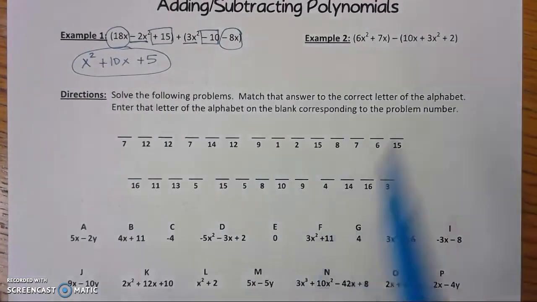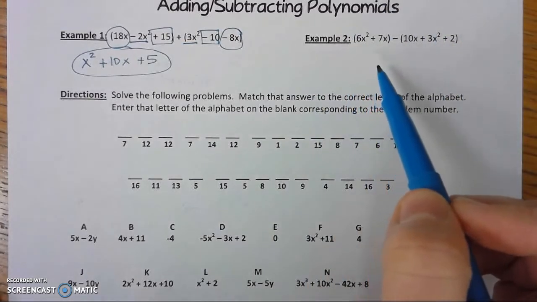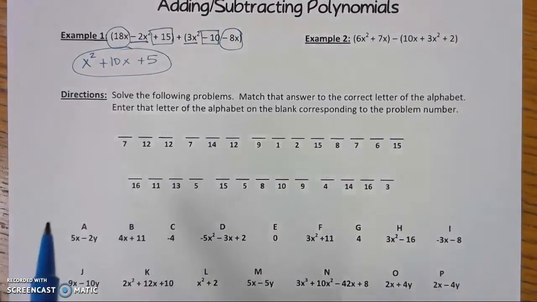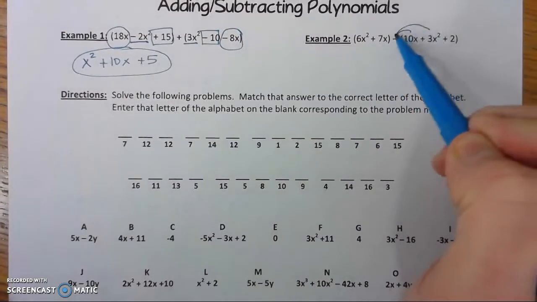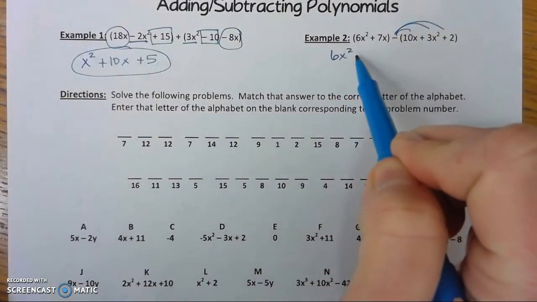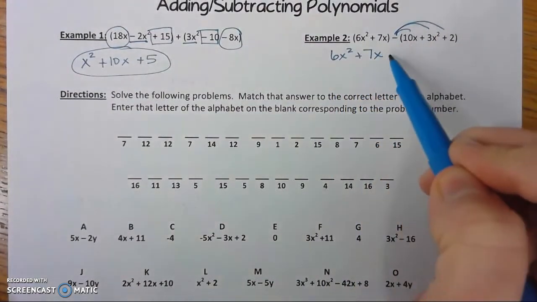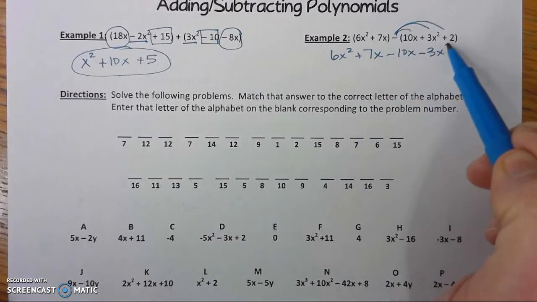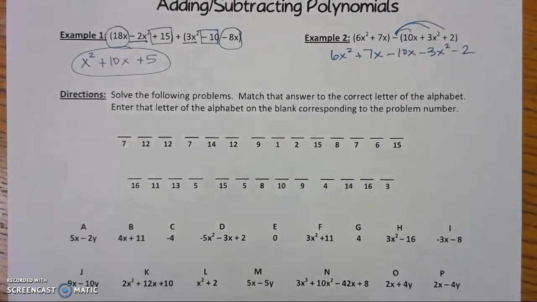Let's practice one more subtraction. For subtraction, I do like to rewrite the problem. You can write it in standard form, or you can write it just like it is. But you have to make sure that you're combining like terms. So I'm going to distribute this negative to all three terms. I'm going to rewrite the first polynomial. And then I'm going to just distribute my negative to all three terms so they all become subtraction signs.